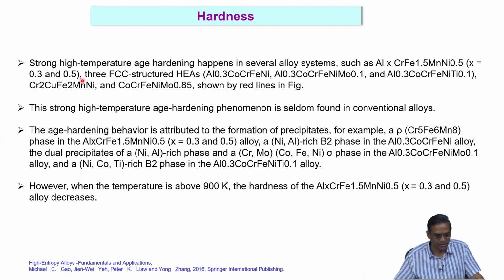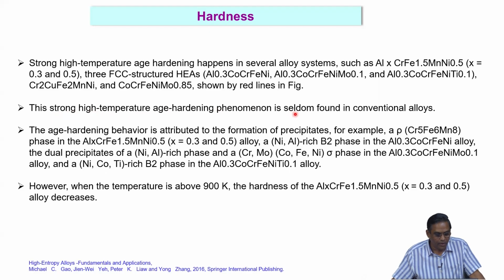So, if you vary the aluminum content from 0.3 to 0.5 in this aluminum, chromium, iron 1.5, manganese, nickel 0.5, all these are FCC structured high entropy alloys, these three high entropy alloys. They have shown a very strong high temperature age hardening.